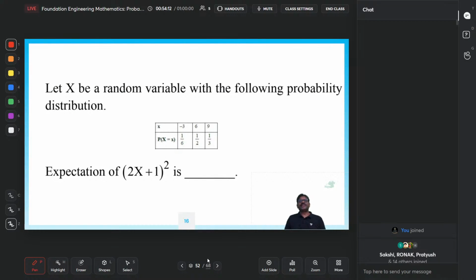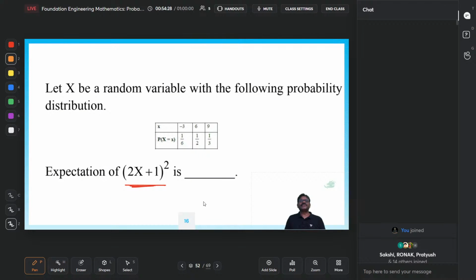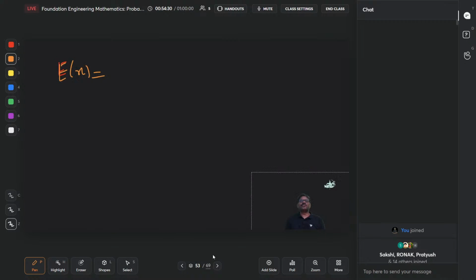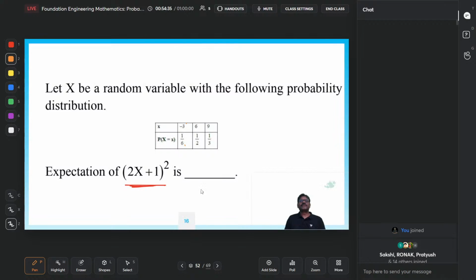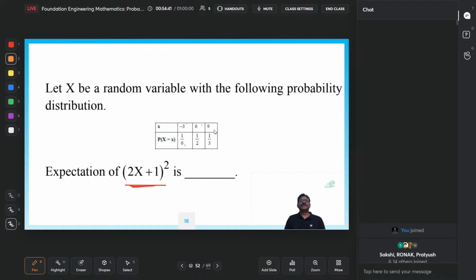Let x be a random variable with a given probability distribution. Then find expectation of (2x plus 1) whole square. First you have to calculate E of x, then E of x square. E of x is minus 3 into 1 by 6, plus 6 into 1 by 2, plus 9 into 1 by 3.